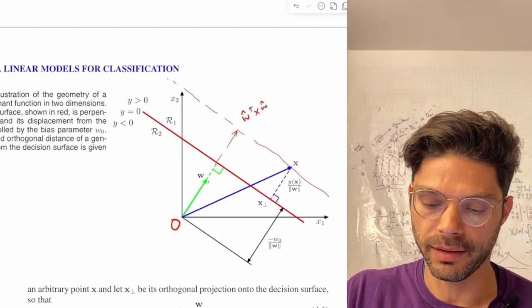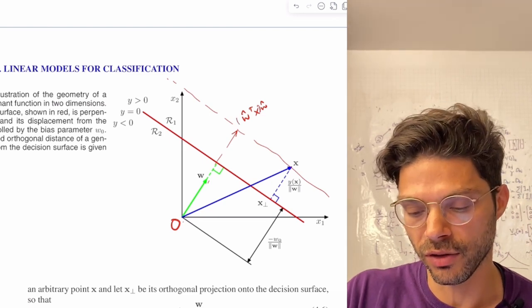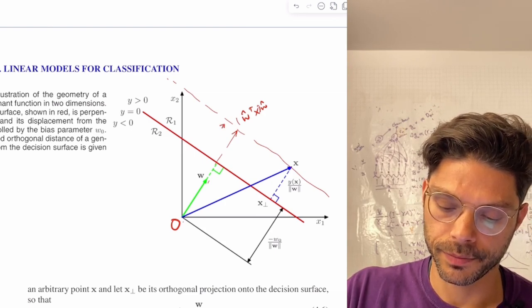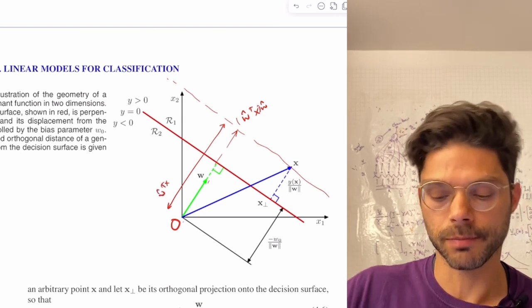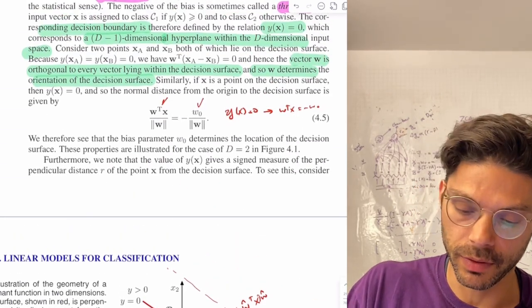So w hat transpose x gives you the length, and then you project out along that location. So this length is w hat transpose x, which is basically what we have on this side.